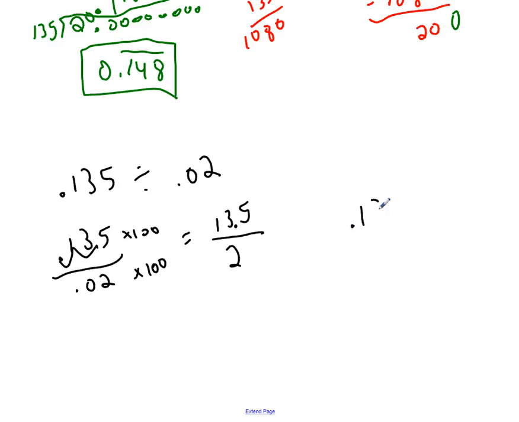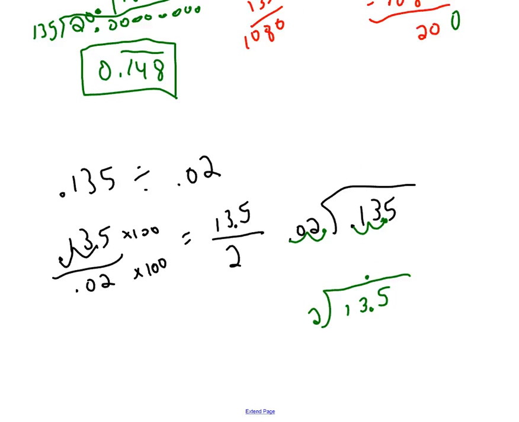In other words, if I start with this, the 0.02 times 100, so it's regular 2. I multiply 0.135 times 100. That gives me 13.5.